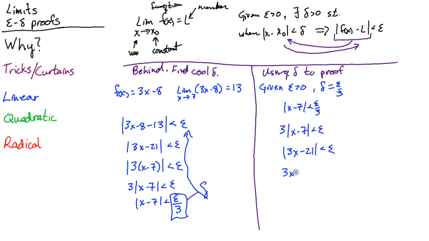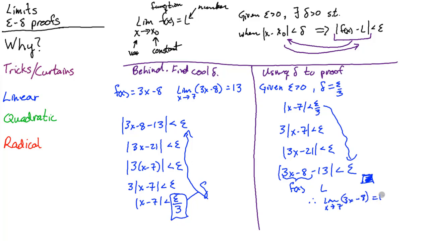Well, that's 3x minus 8 minus 13, which is less than epsilon, which is the f of x minus the L. So when you see that that's f of x minus L, when this happens, we can conclude that that is there. Boom. And you write something like, therefore, put 3 dots. Therefore, the limit as x approaches 7 of 3x minus 8 equals 13, something like that.